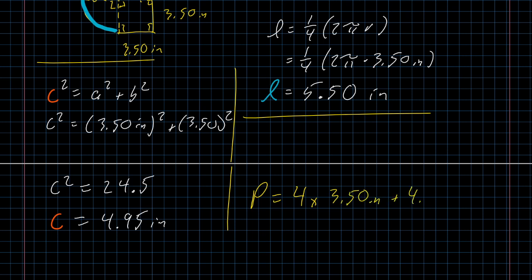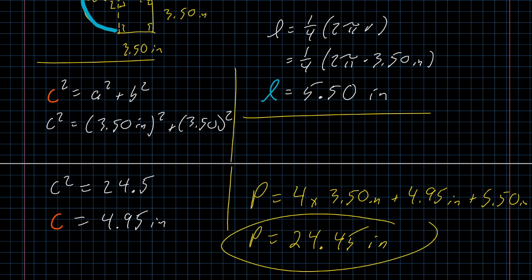I've got the 4.95 inch side, and I've got the 5.50 inch curve. My calculator is quite happy to tell me when I punch all of that in that the perimeter here is going to be 24.45 inches.